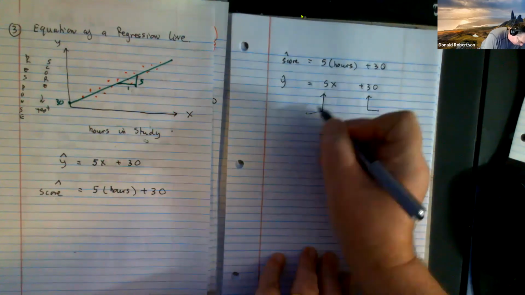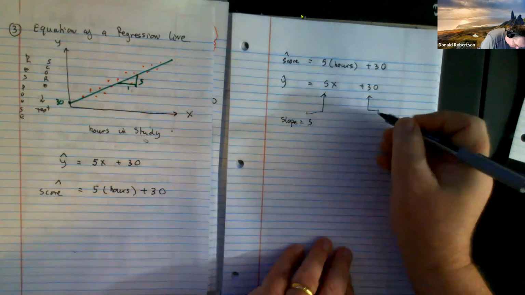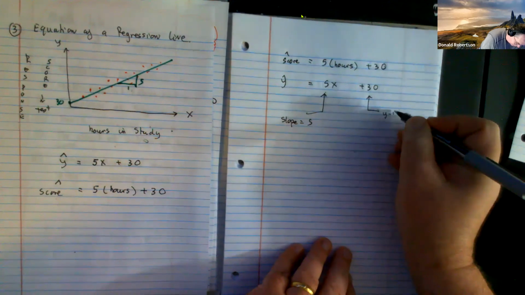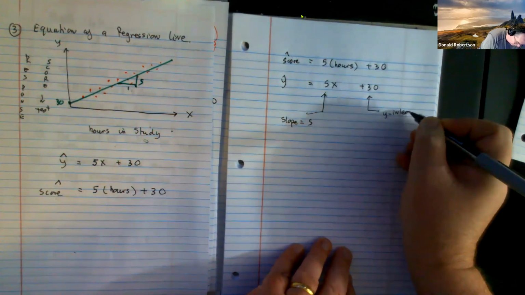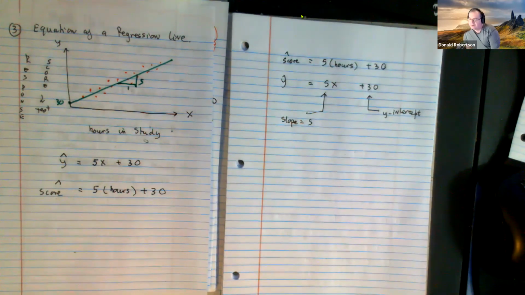This 5 is called the slope, and this is called the y-intercept. You comfortable about those names? You've seen them before for straight lines, same name in regression. These two numbers very often tell us a little bit about the process that we're trying to see here.